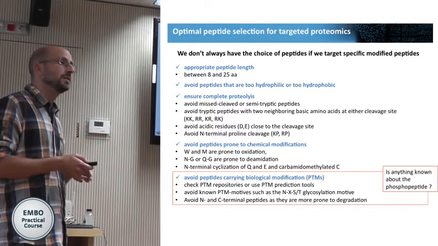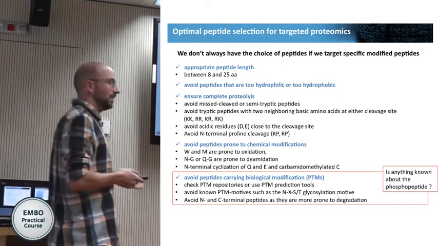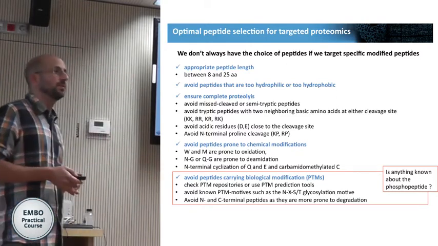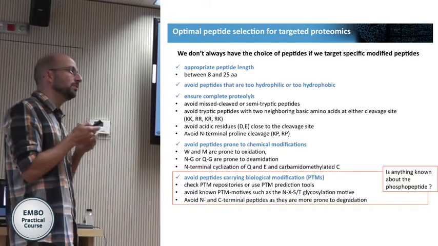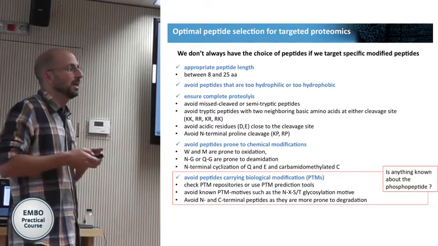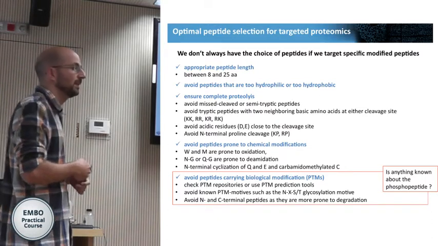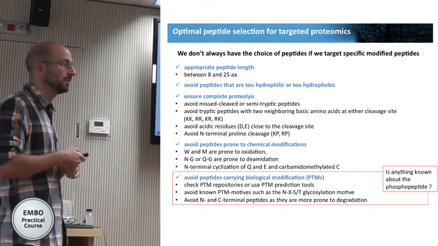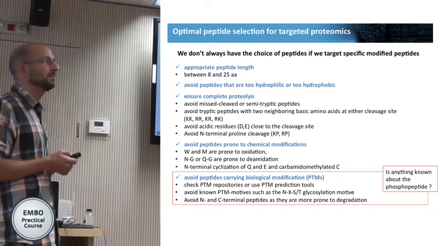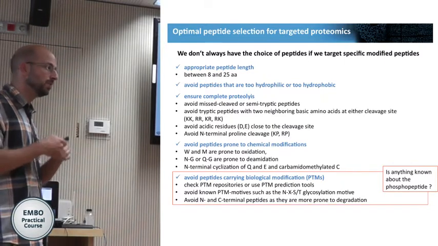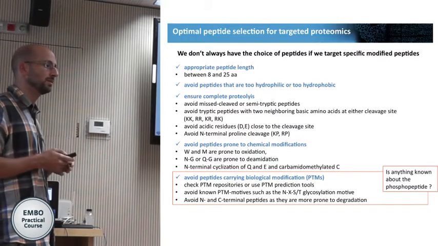And in phosphorylations, many times it's exactly the other way around. We're interested in a very specific phosphorylated peptide. We want to target a specific modification, and we then need to consider also other modifications that might occur on this peptide. We need to consider the length of the peptide that might not be ideal, and so on. So we need to be much more flexible with all these considerations.